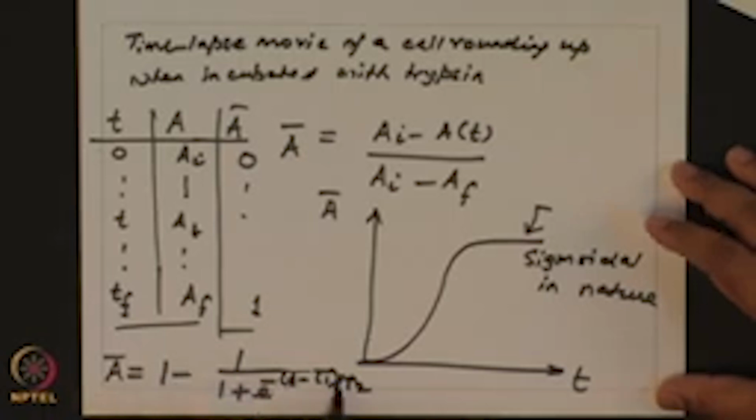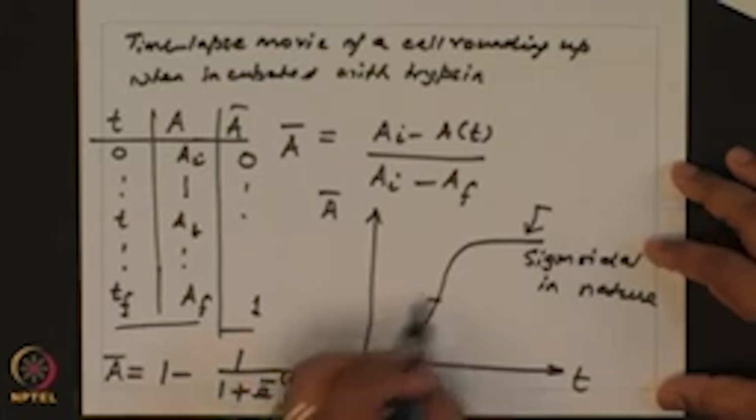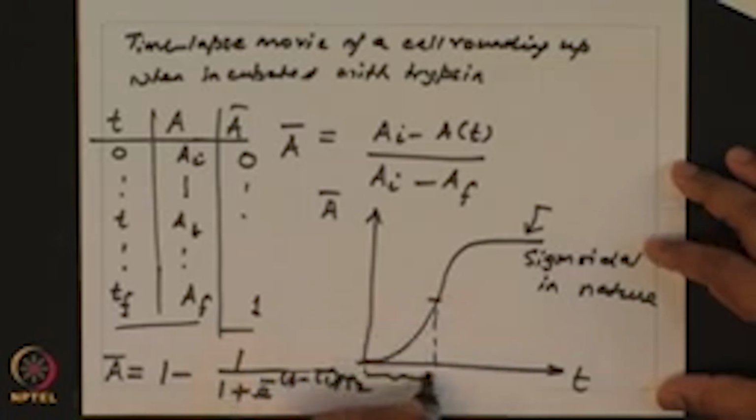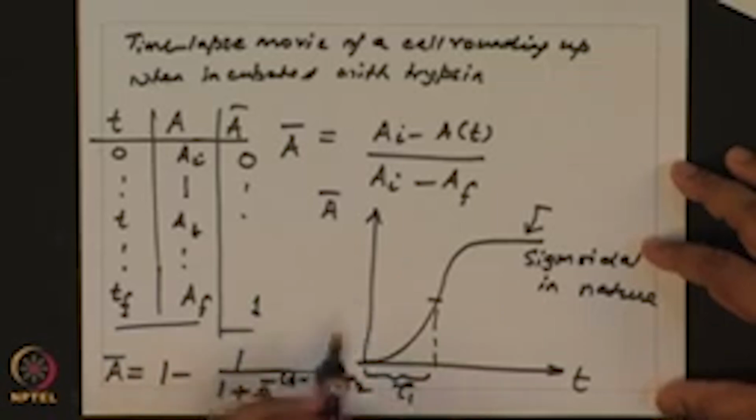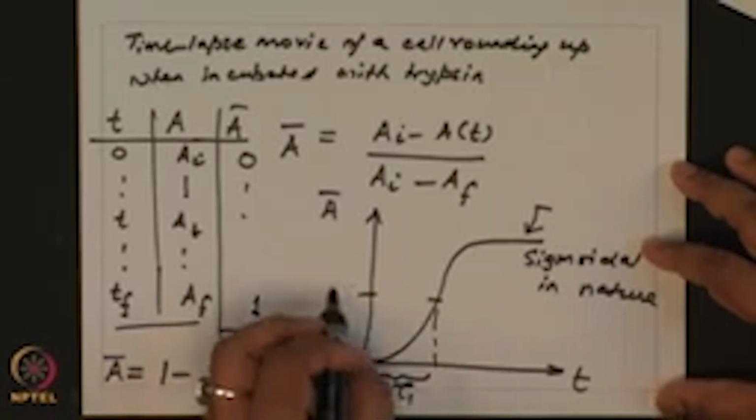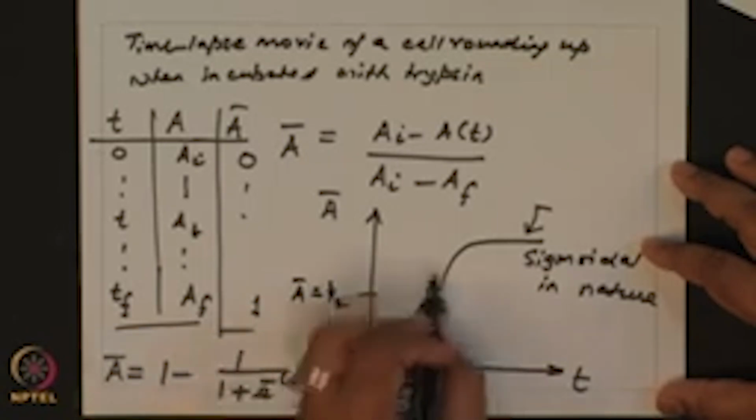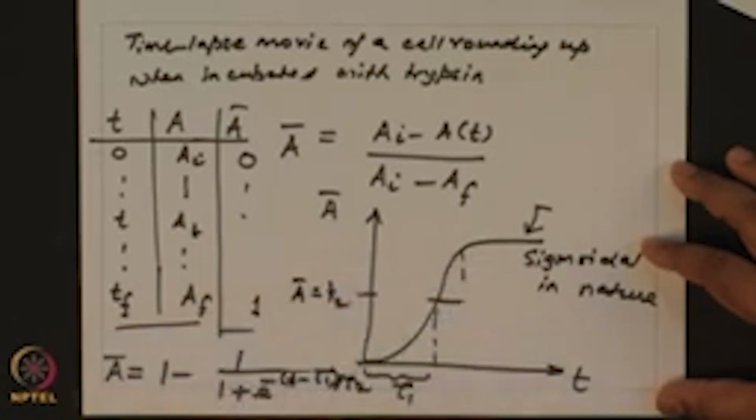So, what is tau 1? At t equal to tau 1, this entire exponent becomes e to the power 0, so that is 1, and 1 minus half becomes half. So, tau 1 corresponds to the time at which you have reached a value of A bar equal to half, and tau 2 is the time constant for the second portion of the curve.